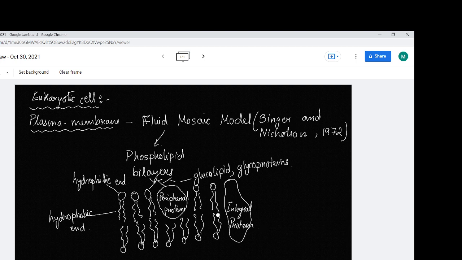So there are two kinds of proteins, peripheral protein and integral protein, in this lipid bilayer. And this model is essentially the fluid mosaic model. So students, I hope you have understood.